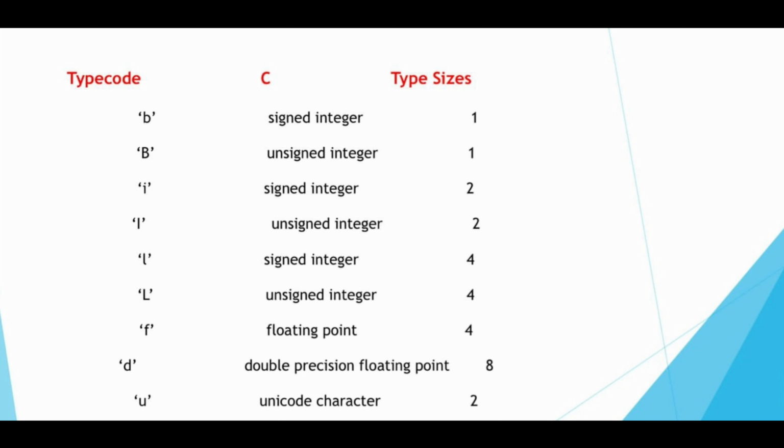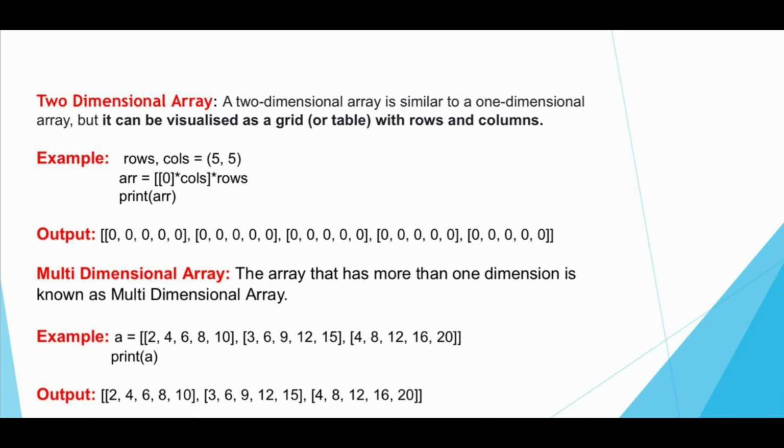And the next one and the last one, small u. It is a Unicode character. The size of this type code is 2 bytes. Hence, this is all about the different types of type codes and their memory allocation.